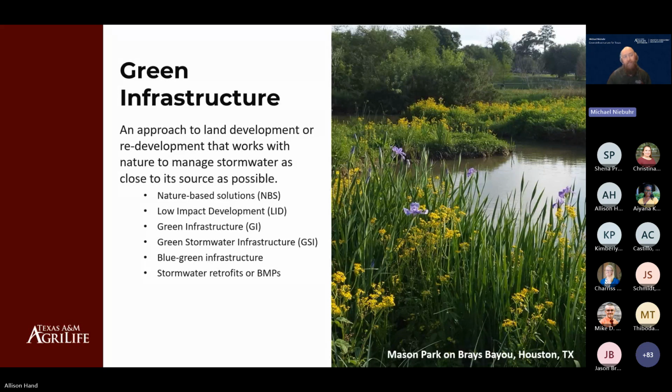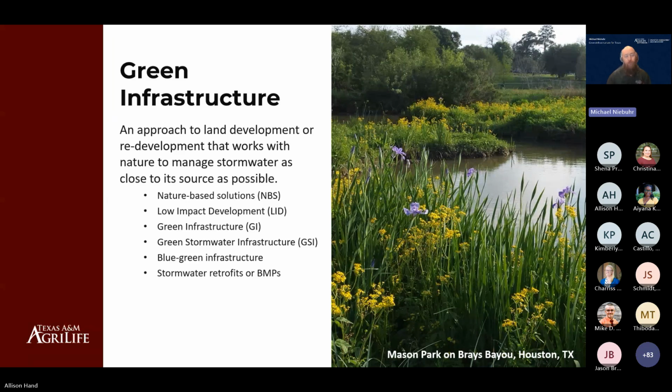While each of these terms might have a slightly different context when it comes to, say, planning or engineering or policy, they're all describing basically the same thing. At the core of it is using nature-inspired systems to manage that stormwater, reduce flooding, improve water quality, and provide those community environmental benefits.